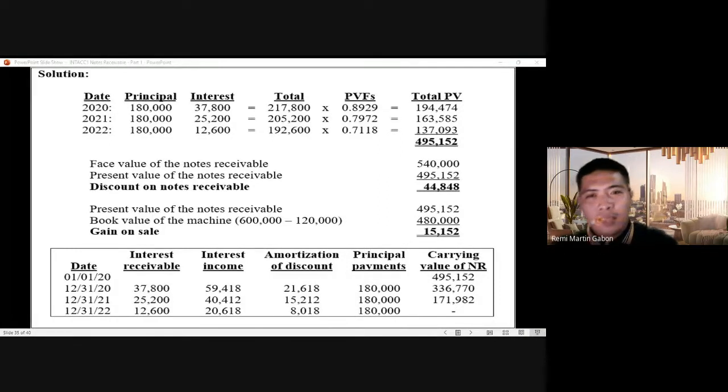Sobra na siya. Magiging sobra na siya kasi 2618 lang yung kailangan natin. Diba? Yung maging carrying value column natin, magiging negative yan. But we need to zero it out. Literally, zero it out. So yan. Kailangan 20,618 yung interest income. Amortization is 8,018.